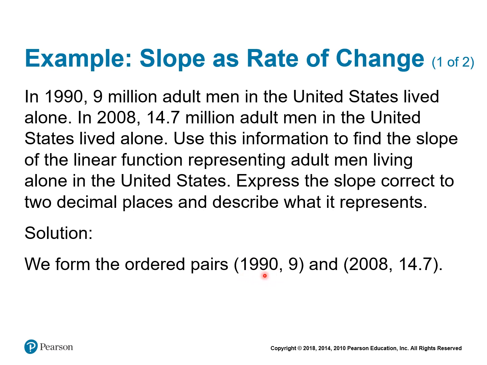So 1990, comma 9. And then in 2008, which is the x coordinate of the other ordered pair, the y value, which is the number of adult men living alone, was 14.7 million. So 2008 comma 14.7.